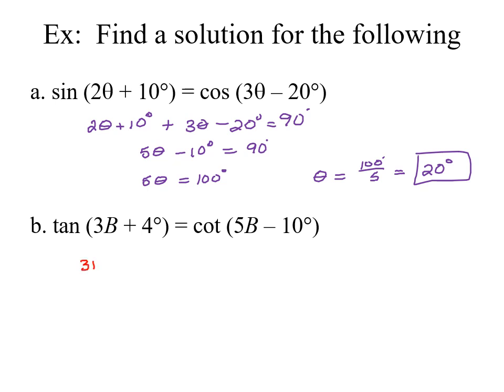And I say that 3b plus 4 plus 5b minus 10 equals 90. So the 5b and the 3b make 8b. The 4 minus 10 makes negative 6.